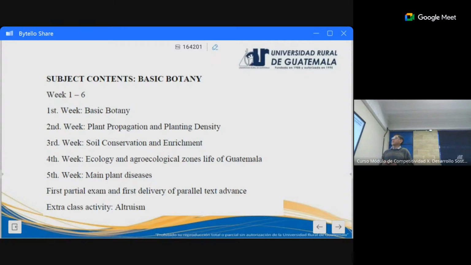On third week, we're going to study soil conservation and enrichment. And on fourth week, ecology and agroecological zones, life in Guatemala. And also on the fifth week, the main plant diseases. After these topics, you will have your first partial exam. And also, after this, your first homework.